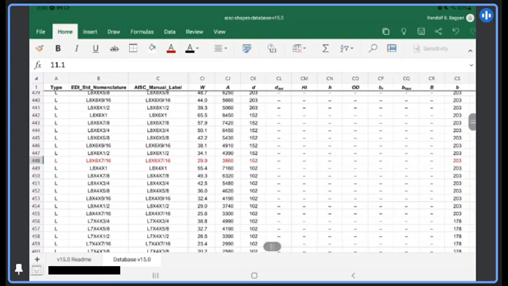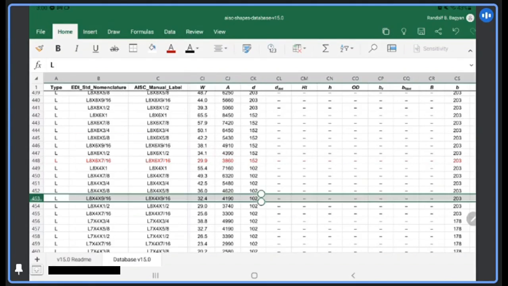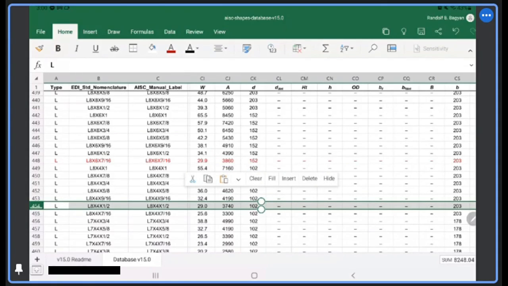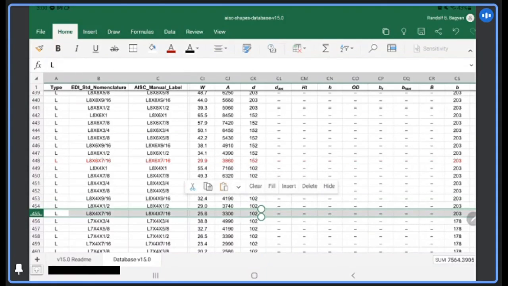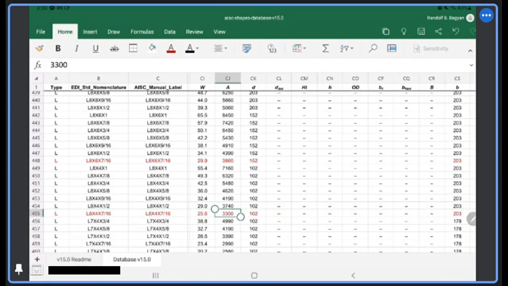Alright. So we have to look for others, because this 3,860 cross-sectional area is still too high. L8 by 4, the nearest is this one. L8 by 4 by 7/16. Its gross area is 3,300.